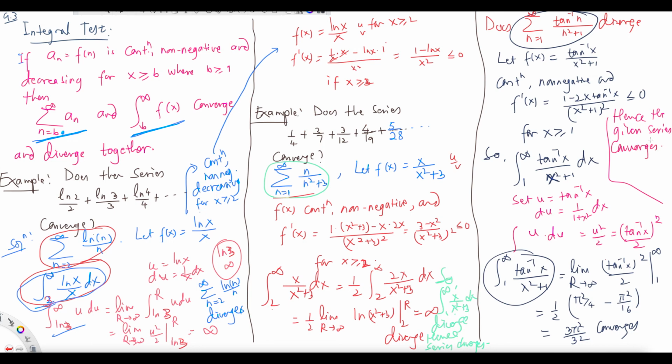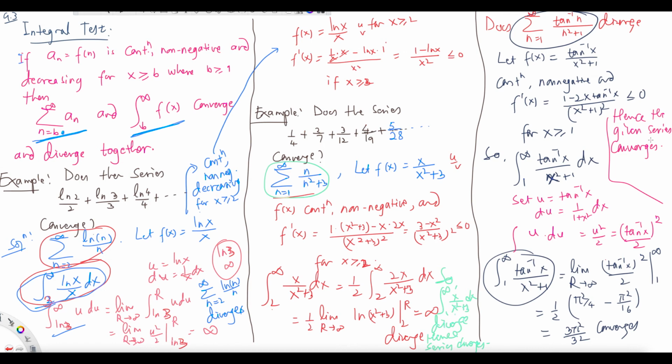Okay, so this is how we check the convergence or divergence of a series, by taking the nth term of the series as a function f of x, and checking that it is continuous, non-negative and then decreasing, and then finding the integral of that function f of x. If the integral converges, the series converges. If the integral diverges, the series diverges.